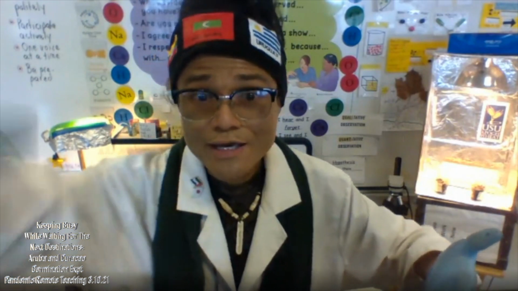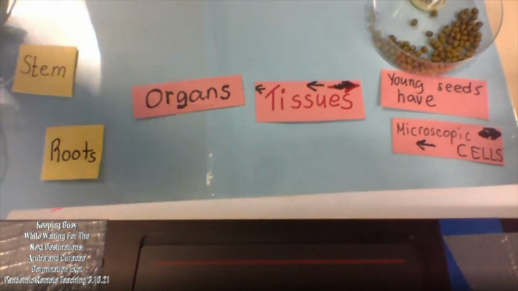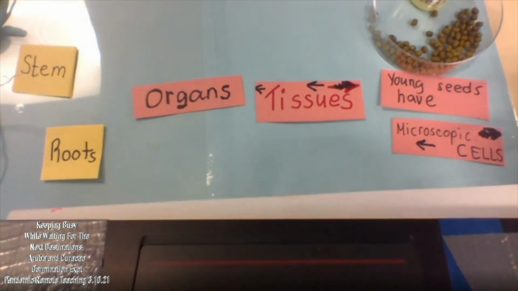All right, let me put this back on the tray and label it in a more detailed manner. Let me refocus. So these three parts are organs.